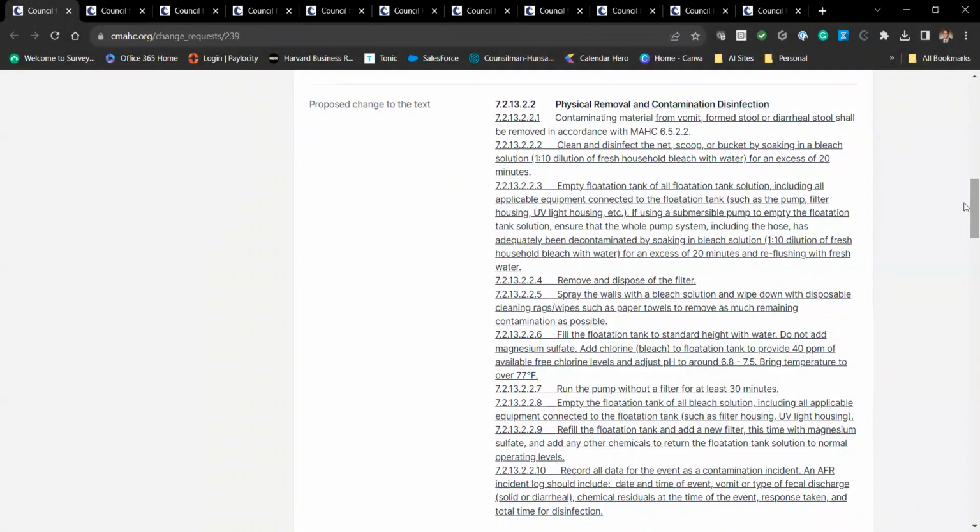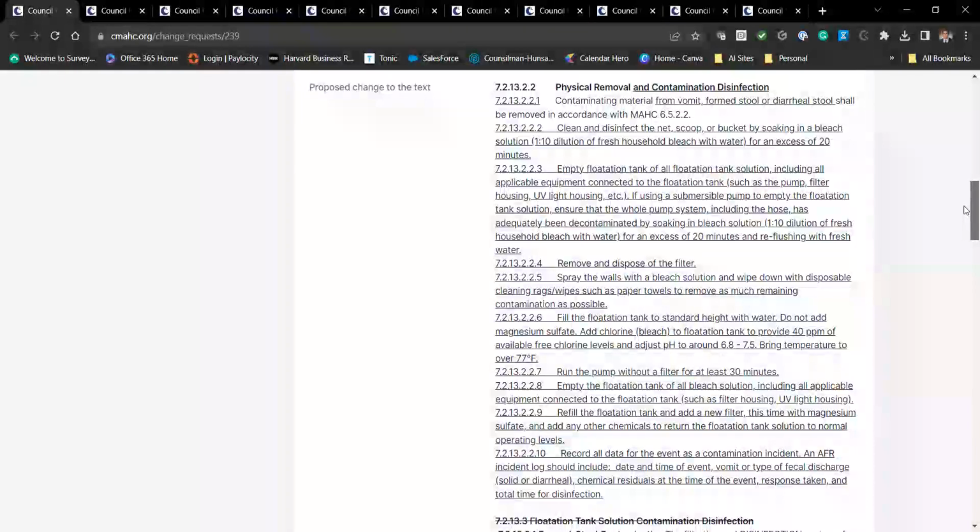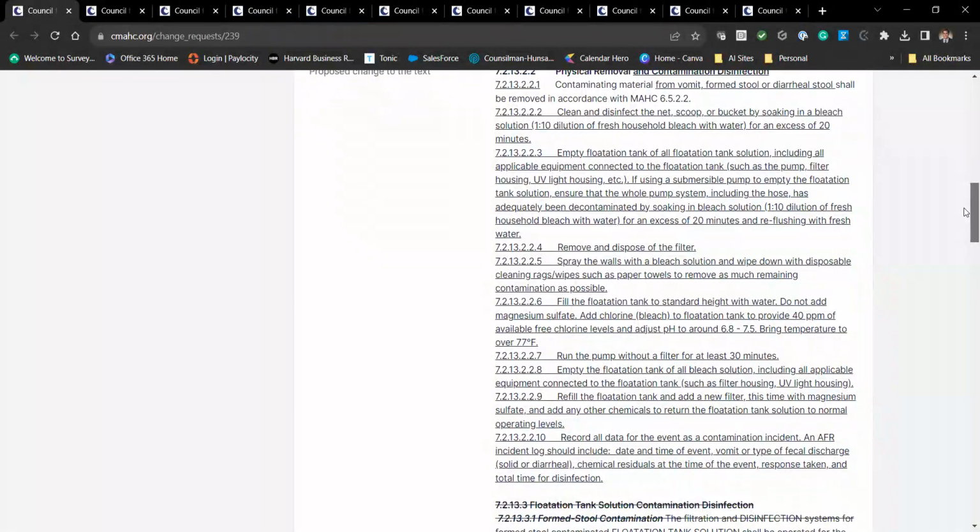And going through it, it's detailed and it's pretty good. I can't read all the writing that she wrote in it, and it's all coming under 7.2.13.2.2, and then the submitter is also requesting to just delete 7.2.13.3, all the language under that, because it is kind of generic.